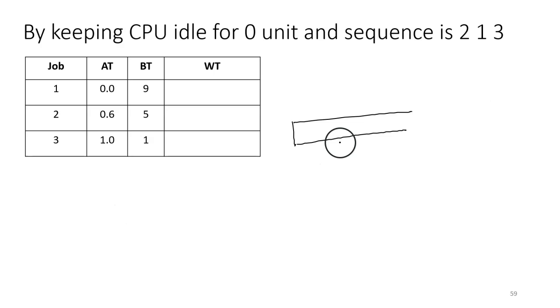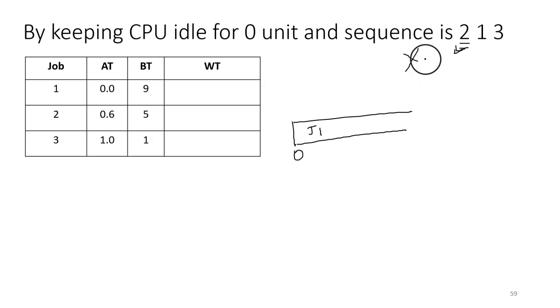Now option B is keep the CPU idle for 0 units and the sequence 2, 1, 3. So at 0 there is only one process, that is J1. But as per the sequence, job 2 is the first process to be executed.